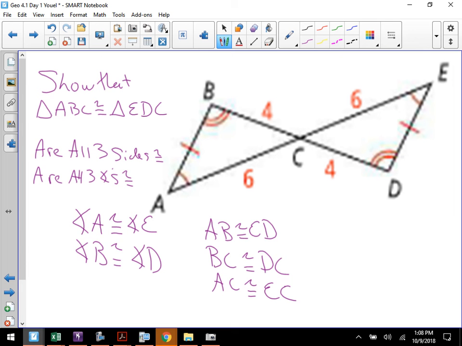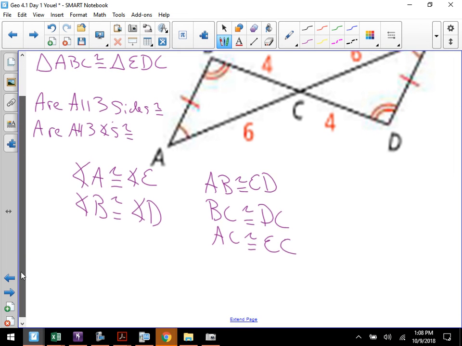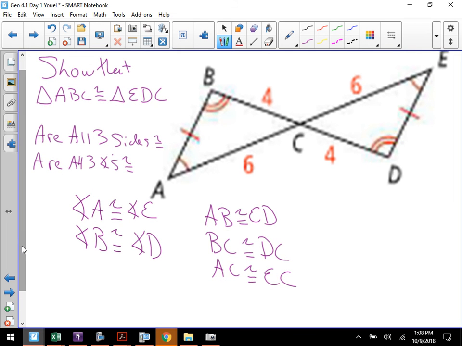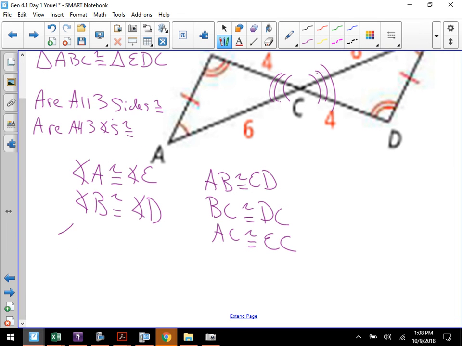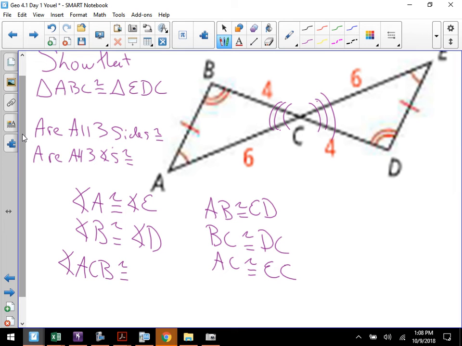I'm missing an angle though. I can't say angle C. So if I use my letters, I have to use 3 letters here. You're right, they're vertical around here. You said ABC? Wouldn't C be in the middle? So if I change that, I go angle ACB, what would be the matching letters for the other way?